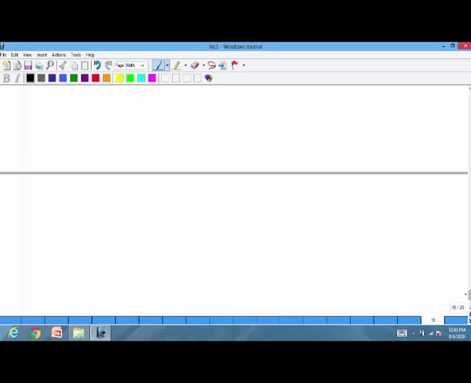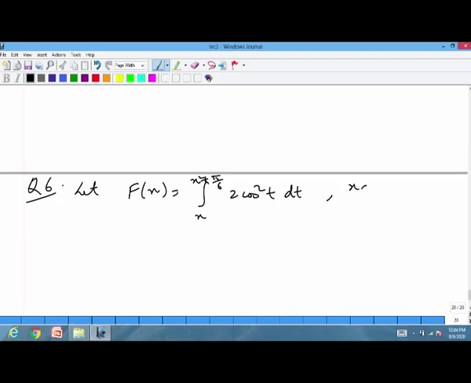Let me do one more problem. Let f of x equal to integral from x to x square plus pi by 6 of 2 cos square t dt for every real number x, and f from 0 to half to 0 to infinity be a continuous function.